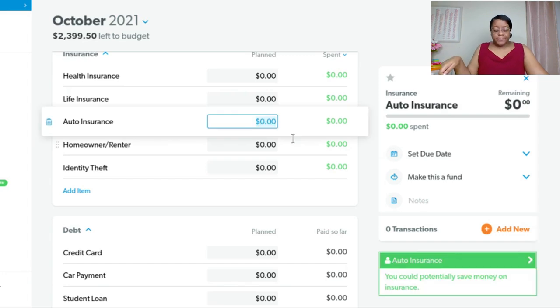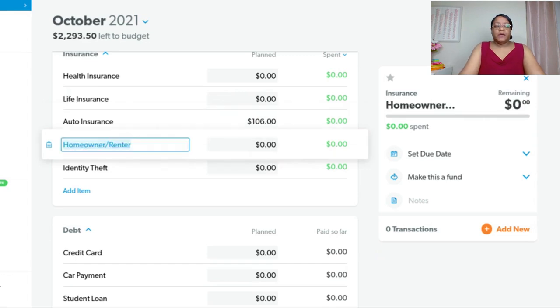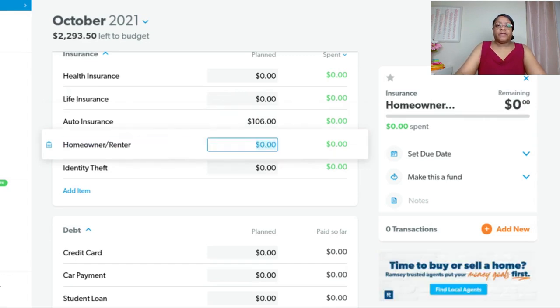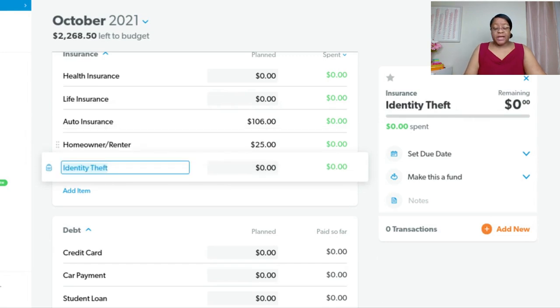That's what y'all see me doing today. Auto insurance, I was paying $106 a month. My renter's insurance was $25 a month. I think at this time I was not participating in any kind of identity theft program. I think that came about later.